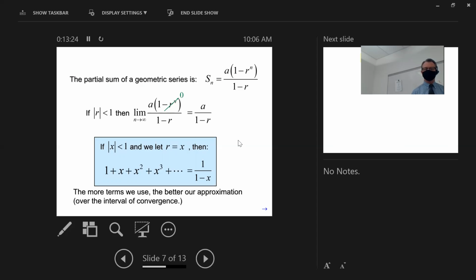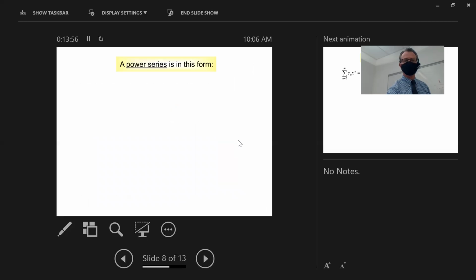So if you want to estimate the value of the right side by using the left side, then the more terms you use, the closer your approximation will be. Well, it's infinite. Correct. But if we were interested in the partial sum, then the left side will estimate the right side depending on how many terms we put on the left side. Power series.